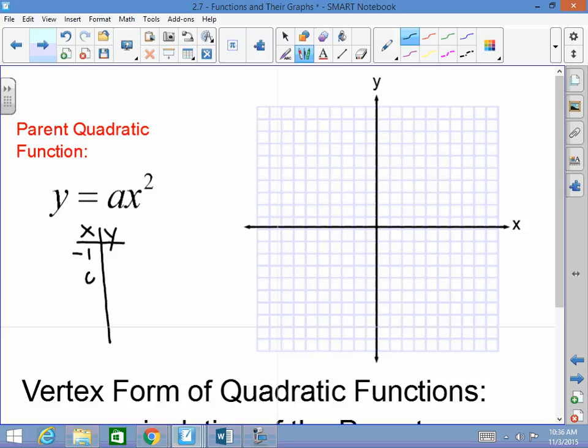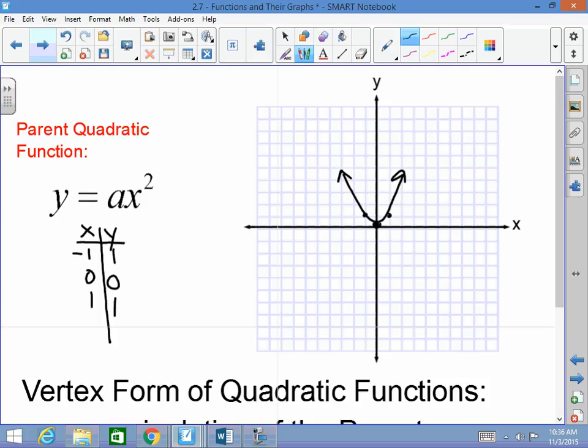Negative 1, 0, and 1. If x is negative 1, y is 1. If x is 0, y is 0. If x is 1, y is 1. So I got 0, 0, 1, 1, negative 1, 1. I know it's a U-shaped graph. And that's pretty much the nice, easy way to graph a quadratic function.